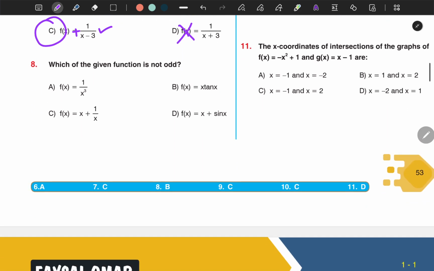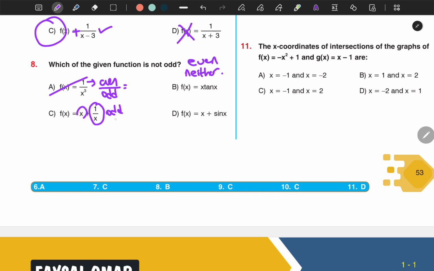Which of the following functions is not an odd function? Not odd means it might be even or neither. Okay, so let me check. This is constant. Every constant number is even. Even divided by odd will be odd, so eliminated. This is even divided by odd, it's odd.